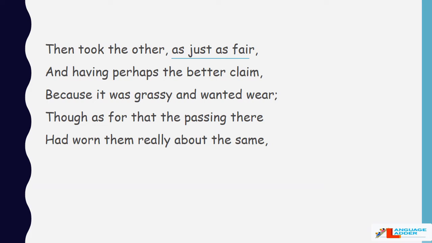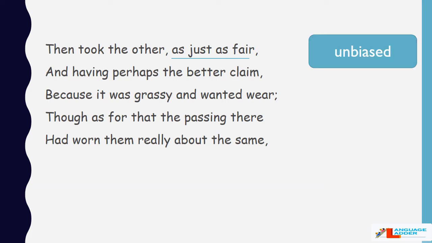Let's look at this phrase a little more closely, as just as fair. The word fair is quite familiar, quite common, but it has multiple connotations. On one hand, it means attractive. On the other hand, it also refers to being right or being unbiased.